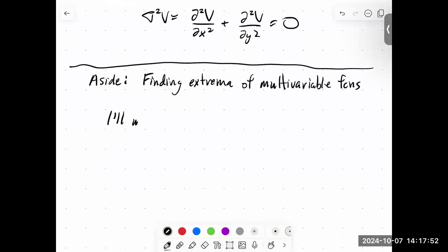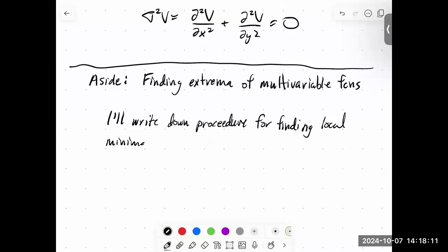So I'm going to write down the procedure for finding local minima and maxima for 2D functions.